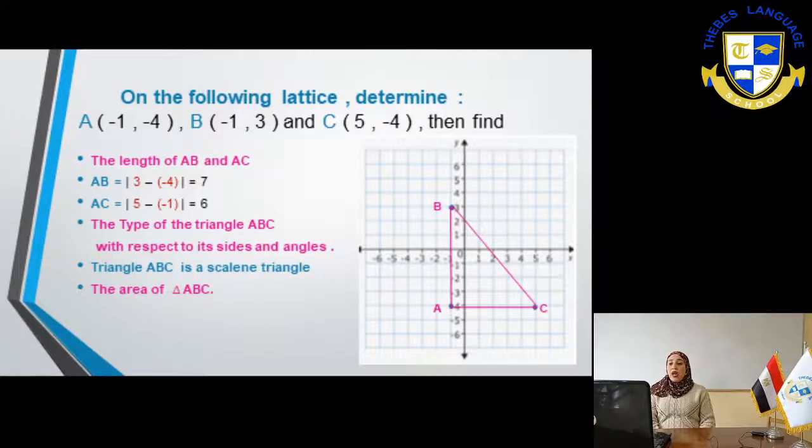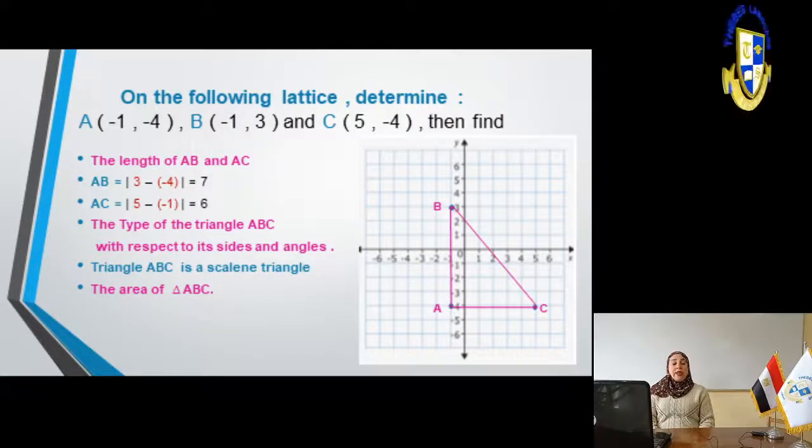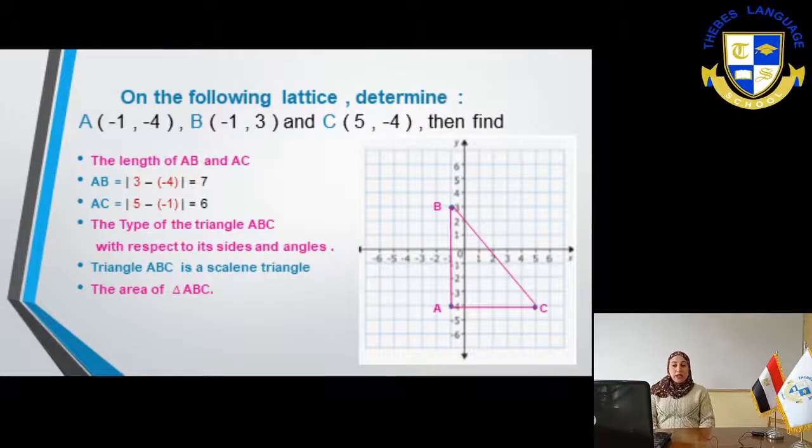And the type of this triangle according to its angle is a right angle triangle, because at point A we have a right angle, 90 degrees. So the triangle is scalene according to its sides, and right angle according to its angles.